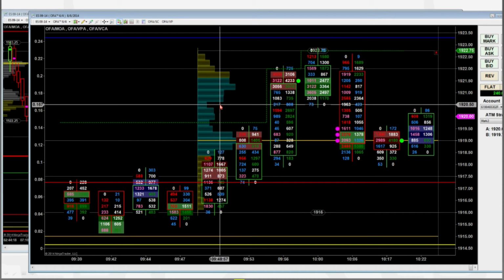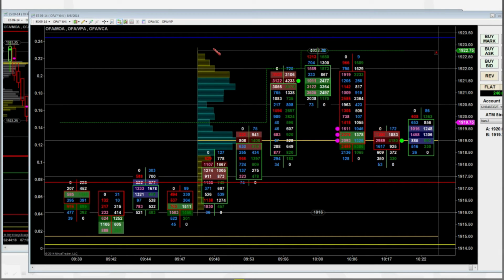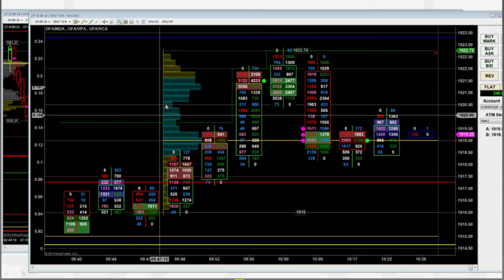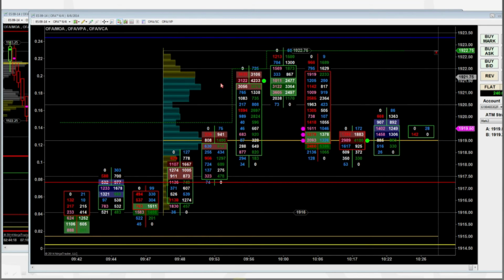While it's not the volume point of control, this is where the trade is happening right now. Remember, I default to the most current context because that is what buyers and sellers are actually doing. So what I need to see now is price get through this, and the only way it's going to do it is if there's significantly more activity at the bid.